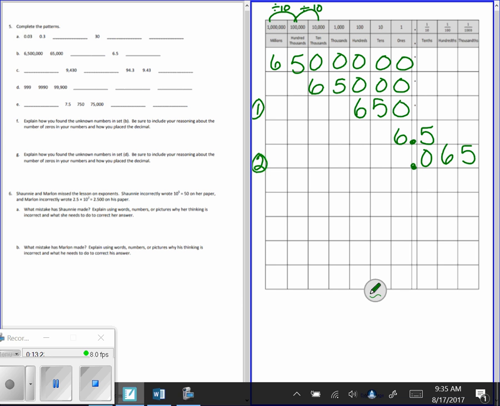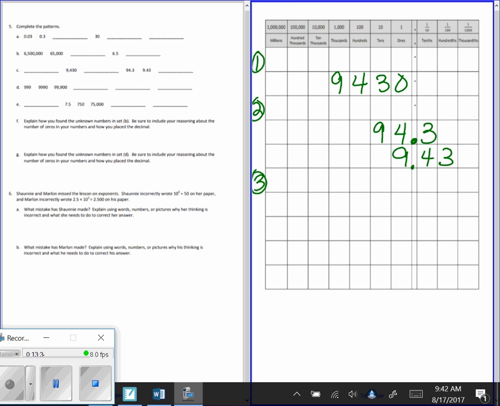Okay, so what I want you to do is I'm going to make these bigger, and I want you to try letter C. Okay, so the person who's going to come up and fill in the blank is Maitland. Can you reach it?